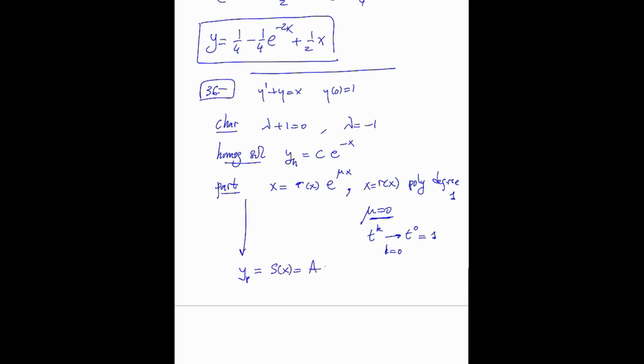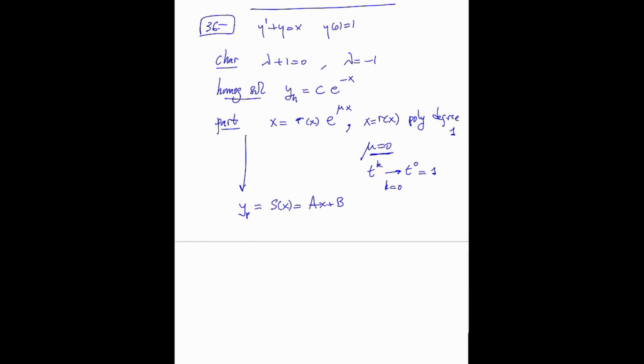That's ax plus b. What is the derivative of this? Well, yp prime is a. And it must satisfy the equation. So we must have yp prime plus yp equals x. That means a, which is yp prime, plus ax plus b has to be x.